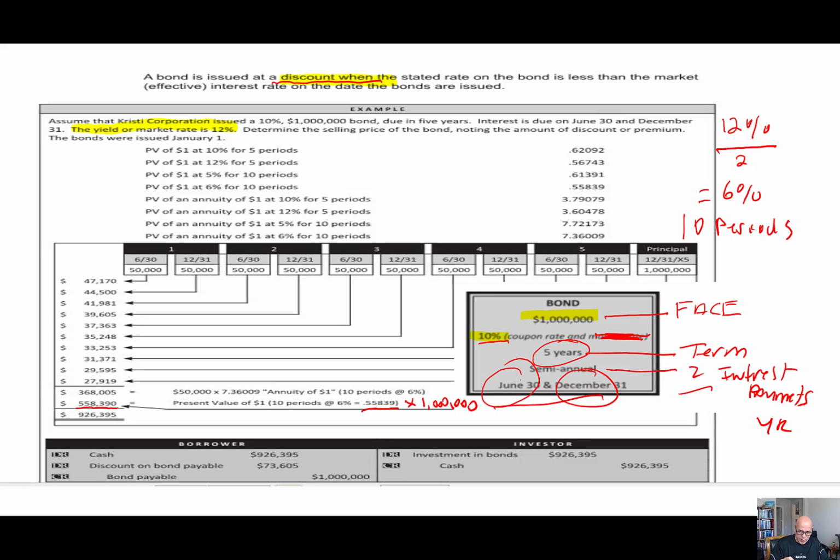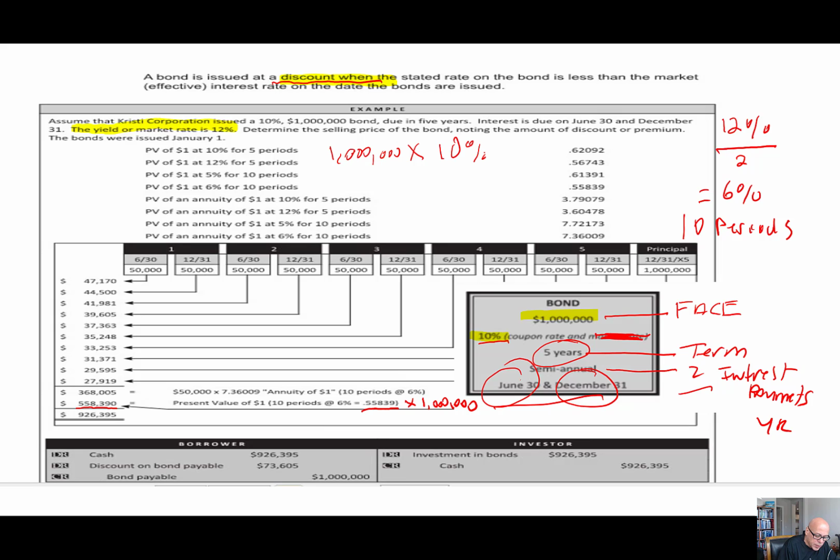The other cash flow is going to be those semi-annual interest payments. Now, to calculate the amount of the interest payment, you have to take that face amount of the bond times the coupon stated contractual rate, we've called it, which was 10%, okay?